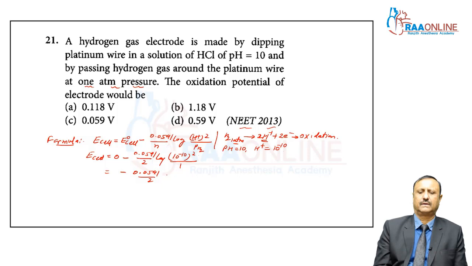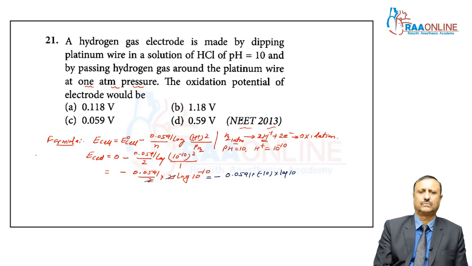So, my dear students, when we do the calculation, this 2 is cancelled by the other 2 and you get log 10 to the power minus 10, minus 0.0591 into log m to the power n, which equals minus 10 into log 10.